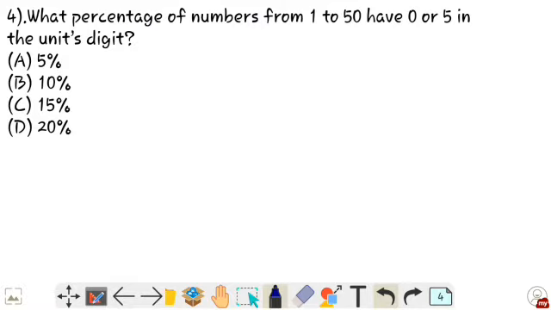We move on to the next question. Number 4. What is the percentage of numbers from 1 to 50 having 0 or 5 in the unit digit?